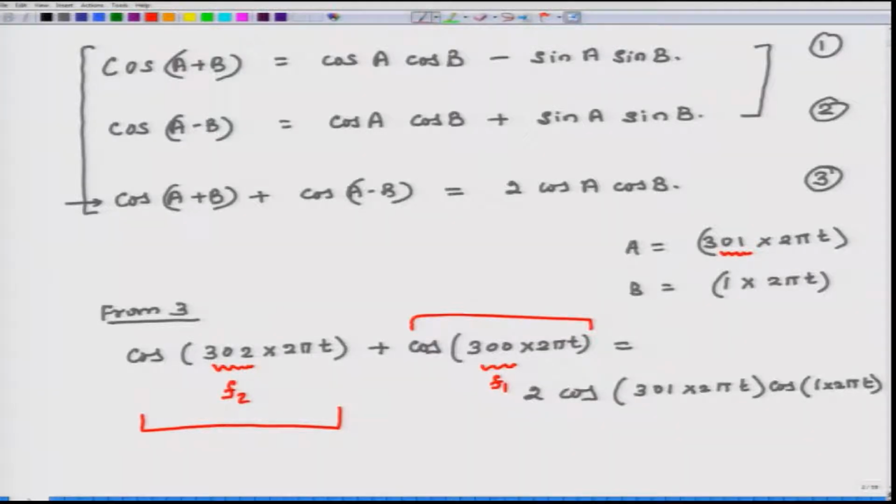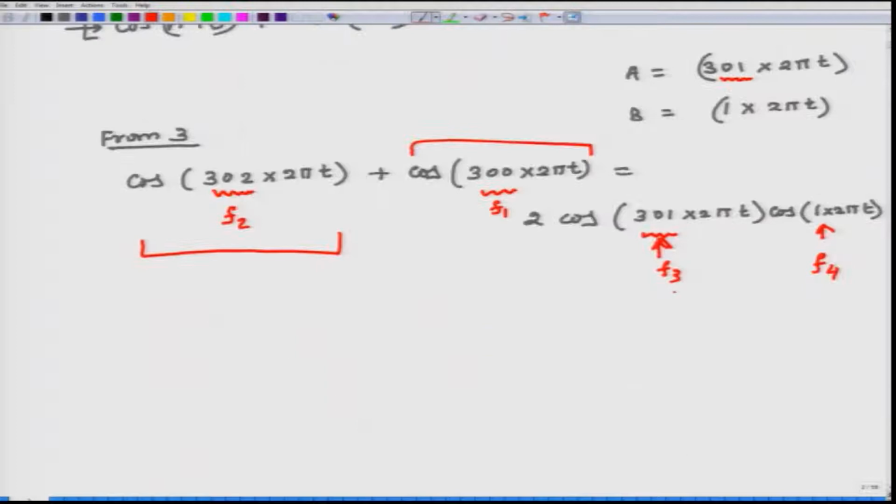So, this is what we are playing, and through this mathematics we have shown that this left hand side is the same as the right hand side. What is this? One frequency multiplied by another frequency. Let us call this F3 and this F4.